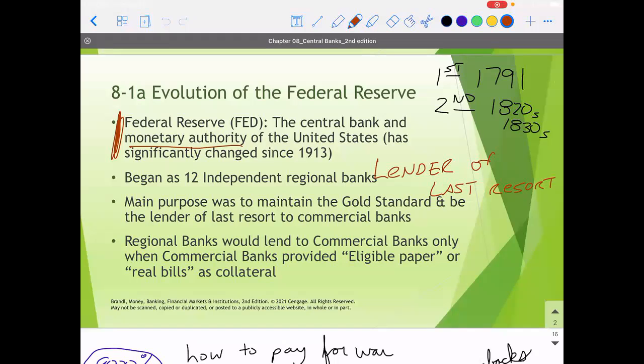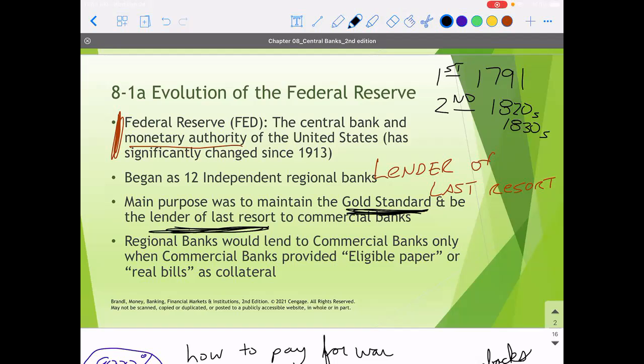Now, originally, when the Federal Reserve was created in 1913, there was a gold standard. It was also, as I said, the lender of last resort. But that gold standard was essentially the monetary policy. It drove the monetary policy decisions. You could only change the money supply as you had gold.